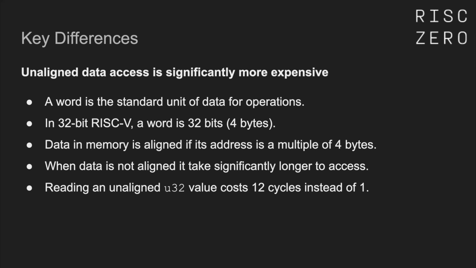Anything you allocate will be aligned by default, and so will fields that the compiler puts into a struct. But if you're slicing into byte arrays, or if you're making structs that are very tightly packed with U8s or smaller values, then you need to be careful and make sure you are not incurring extra cost for unaligned data access.